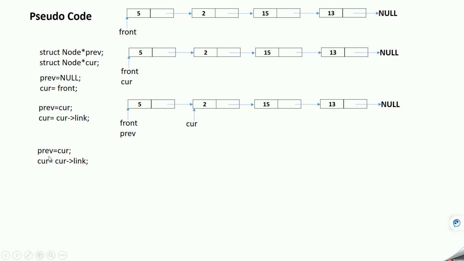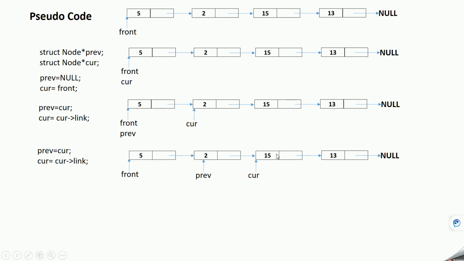For that again we'll write code like this: previous equal to current and current equal to current link. Current link is nothing but 15. So now, previous was pointing here and current was pointing here. After this line of code, previous will become current, meaning current was pointing here, so now previous will point here and then current will point here.